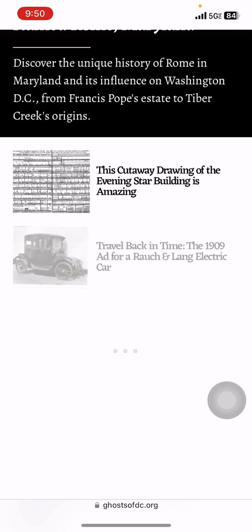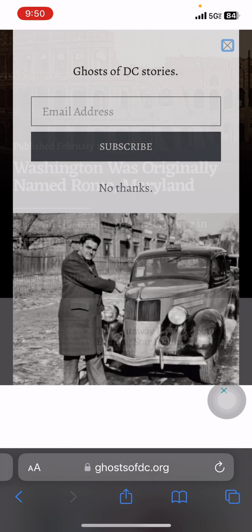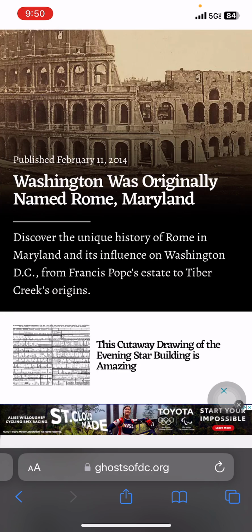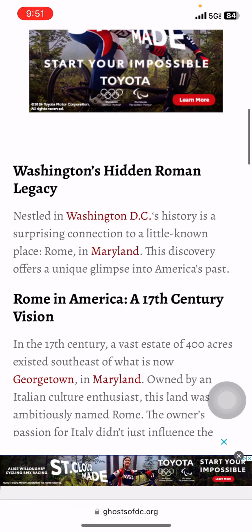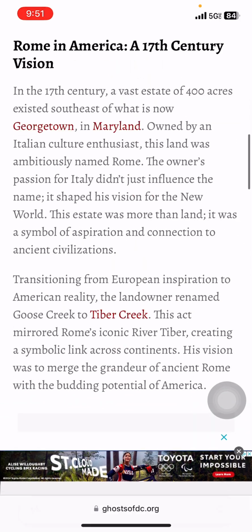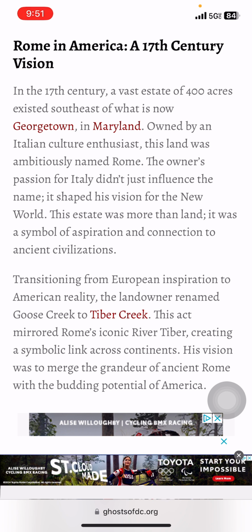This came out February 11th, 2014. Washington was originally named Rome, Maryland. It says in the 17th century, a vast estate of 400 acres existed southeast of what is now Georgetown in Maryland.